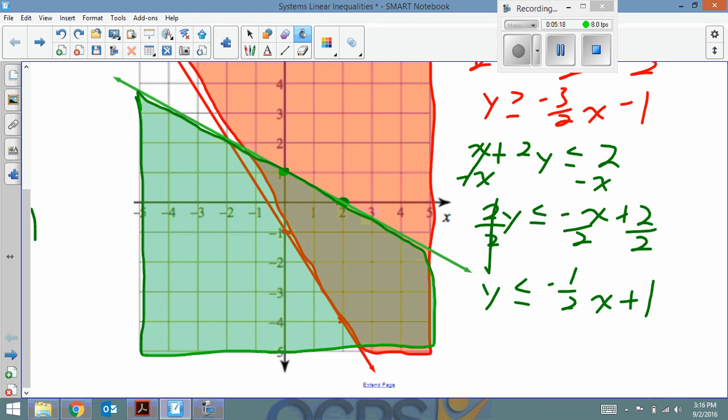So then we look to see where the red and green are touching. The red and green is actually touching right here, in all this area.